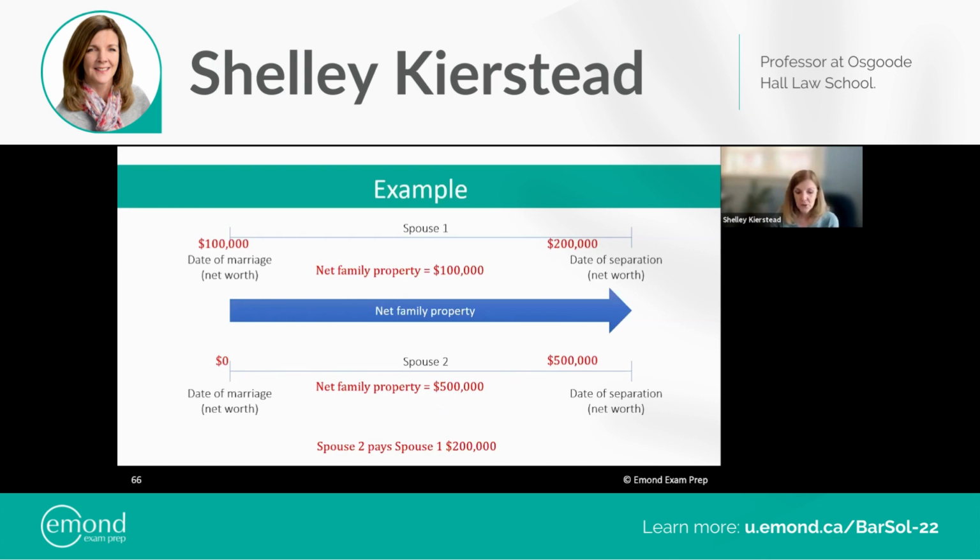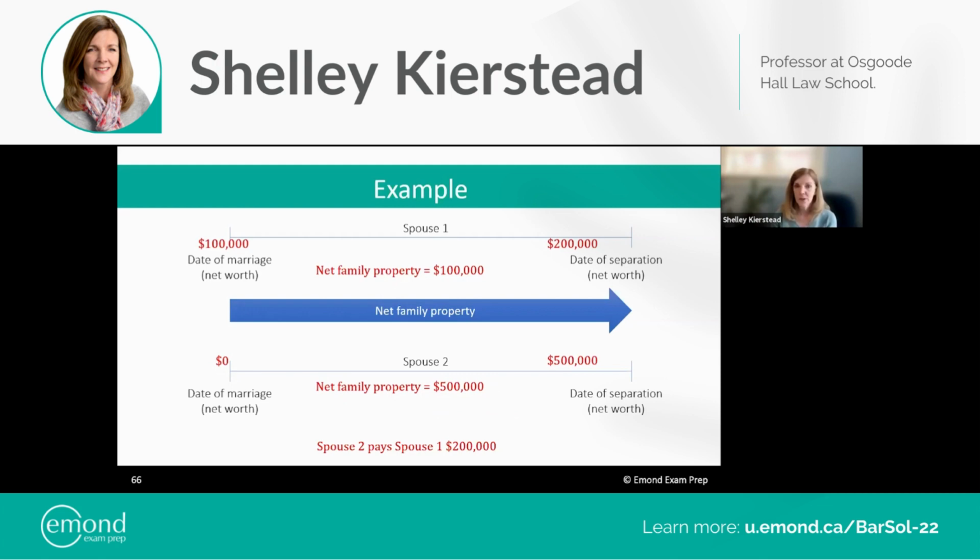What we then do to equalize, to figure out who owes what to whom, is, as I said, we deduct the smaller net family property value, 100,000, from the larger, the 500,000. Math tells us that would give us a difference of 400,000.